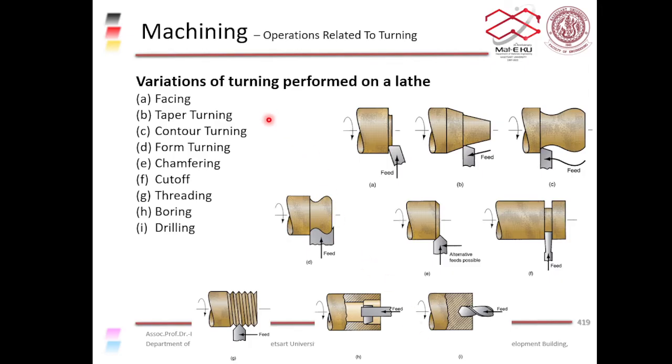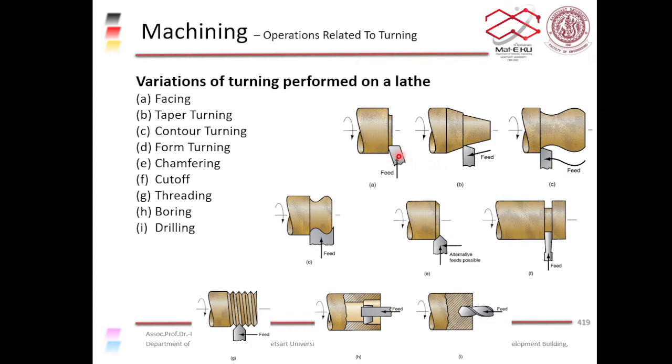Okay, so there are a variety of generating and forming processes performed on a lathe, right? Facing is basically cutting the surface evenly throughout to produce a new surface, so you are getting a smaller diameter workpiece.